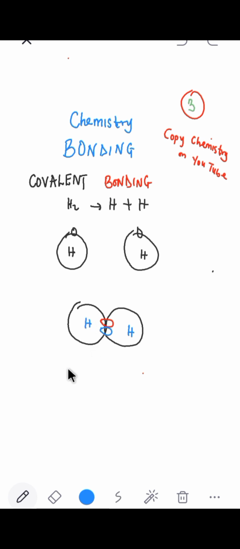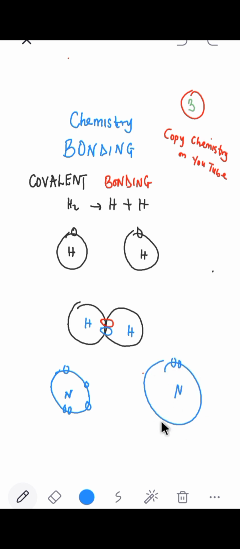You can also have nitrogen doing the same thing. So this is how nitrogen works. Nitrogen has 5 electrons in the outermost shell: 1, 2, and then 1, 2, 3. Another nitrogen also has 5: 1, 2, and then 1, 2, 3.